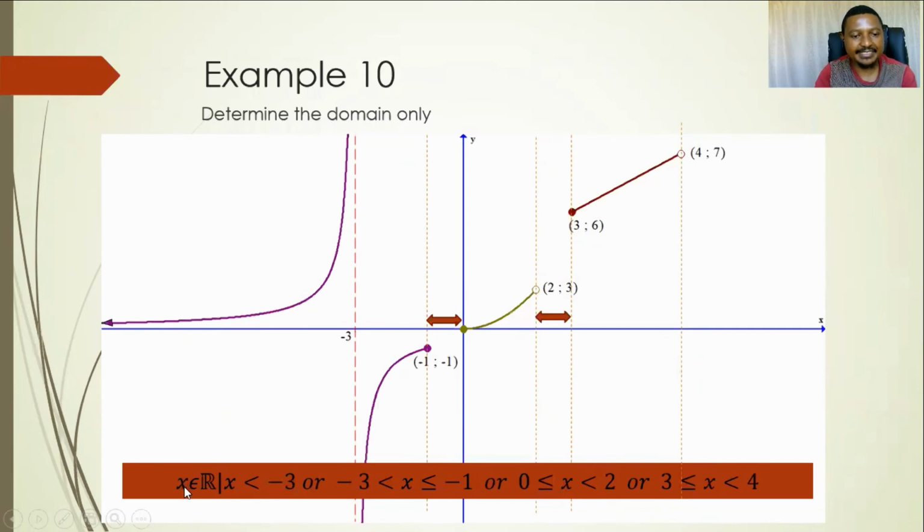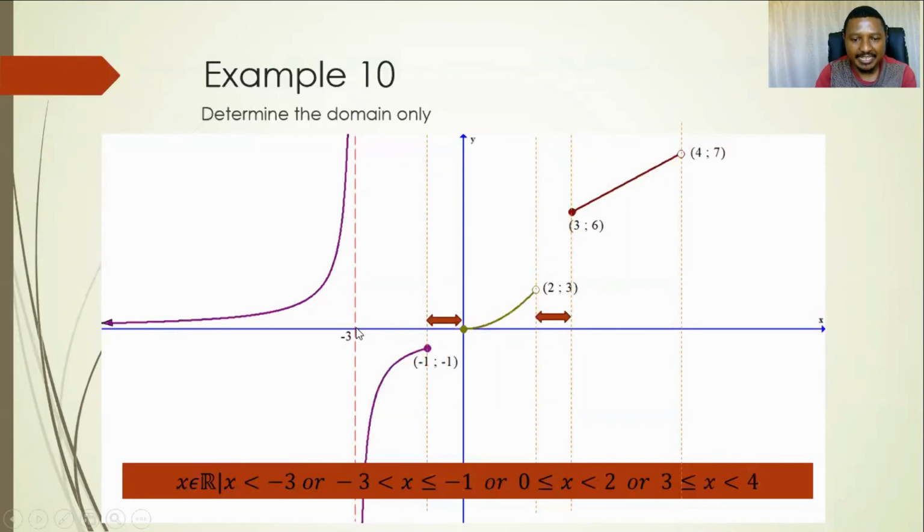We say x is an element of real numbers such that, first of all, we looked at this part. You can find the function value of this function everywhere in this interval from minus infinity to minus 3. Hence, we say x is strictly less than minus 3, because at minus 3 it is not defined. From minus 3 onwards, you can find the function value.